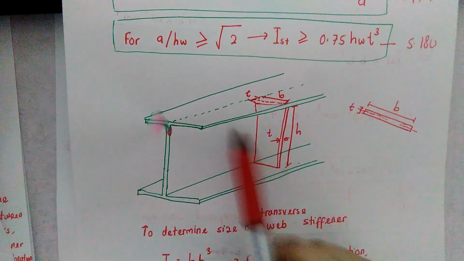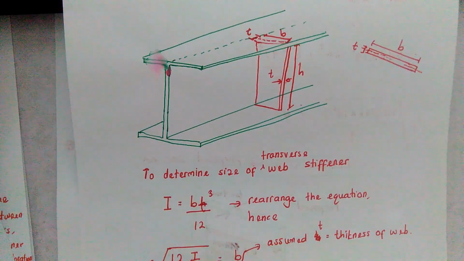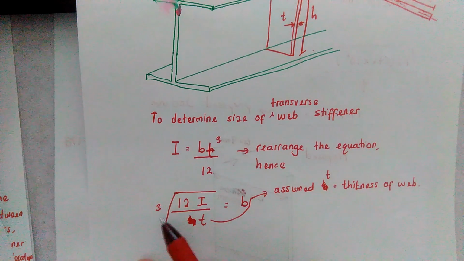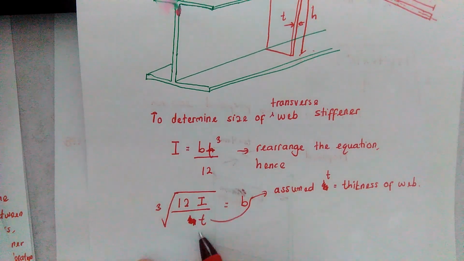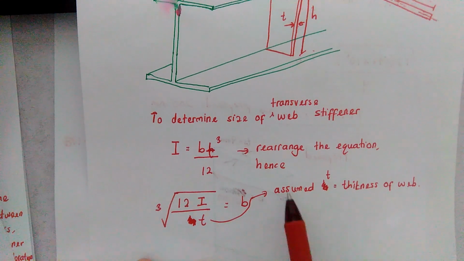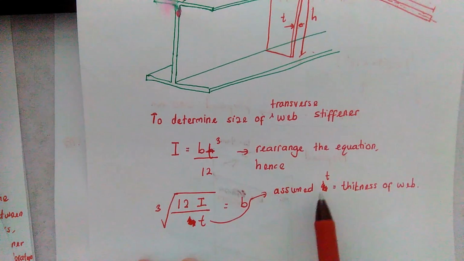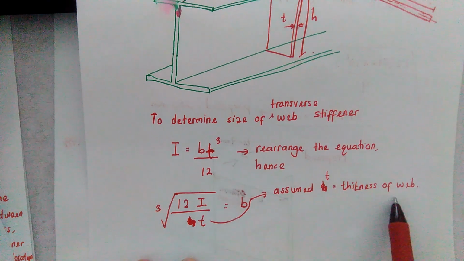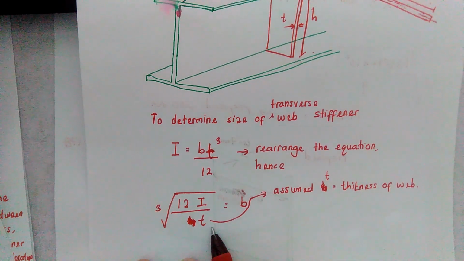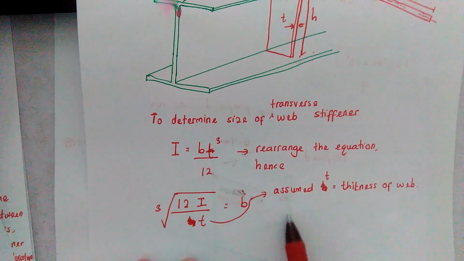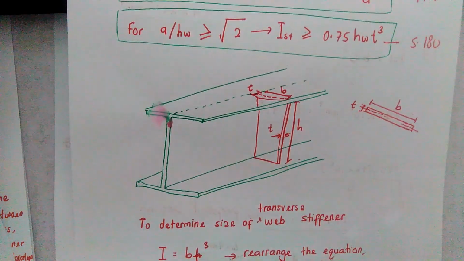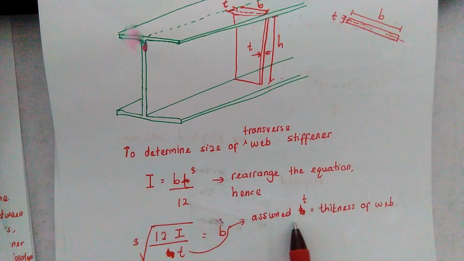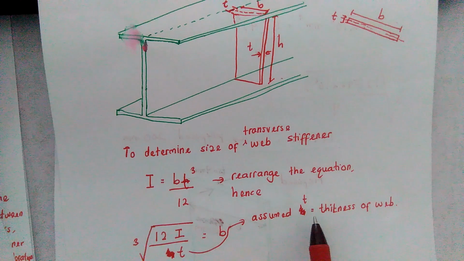Because your stiffener is rectangular, rearrange these equations, and you will get B equals the cube root of 12I over T. In this case, you assume T is equivalent to the thickness of the web, which earlier you assumed to be 9. So to propose the section size of the stiffener, you can again assume that the T of your stiffener is equivalent to the thickness of the web.